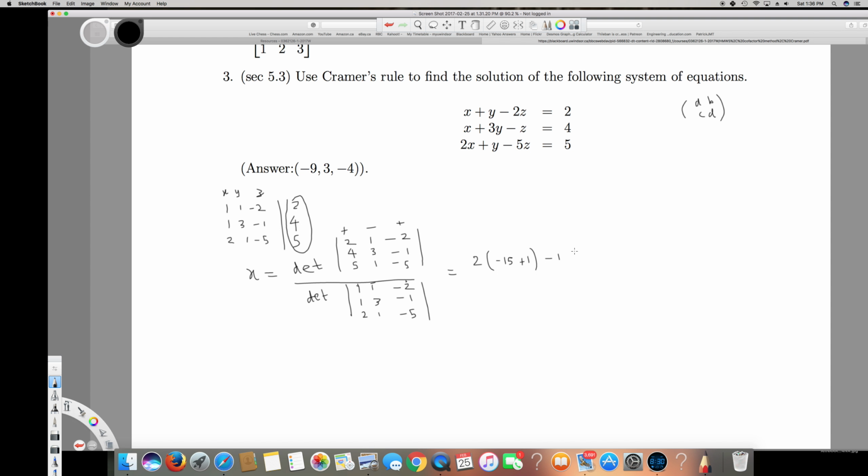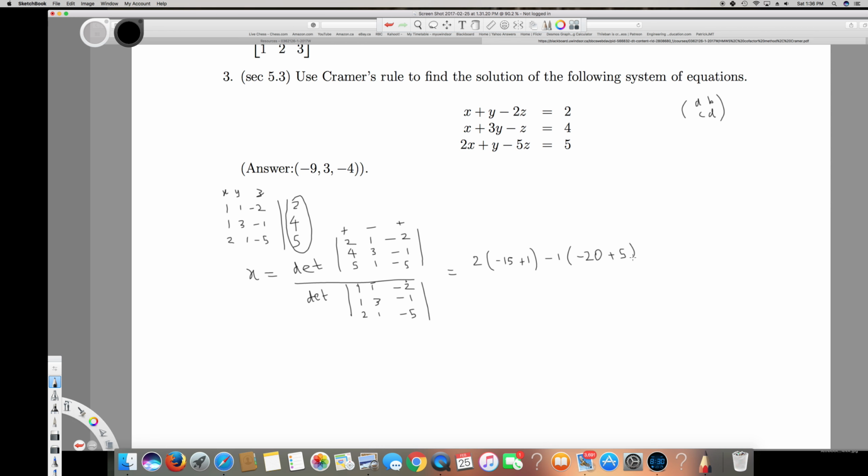This is minus 1, and if I take minus 1, I have to get rid of all the vertical and horizontal components of this, so 4, 5, minus 1, minus 5 remain. Now I have to do the AD minus BC formula. AD is 4 times minus 5, which is minus 20, and 5 times minus 1 is minus 5, but if I take minus 5, it becomes plus 5, right?